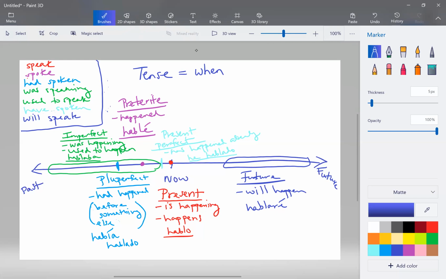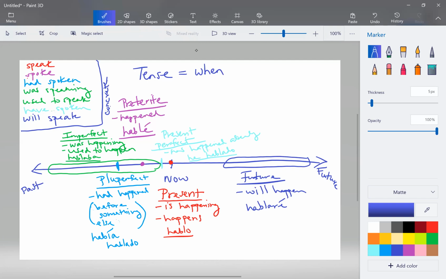Solid. So what does that mean? Did these things definitely happen, or will happen? Yes, for sure. They either are happening, did happen, or will happen. So all of these things are concrete events that we can put a time on. Even if the imperfect, that time is vague, we still know it already happened.